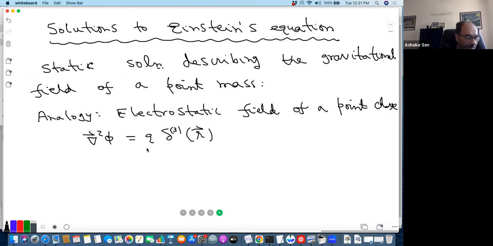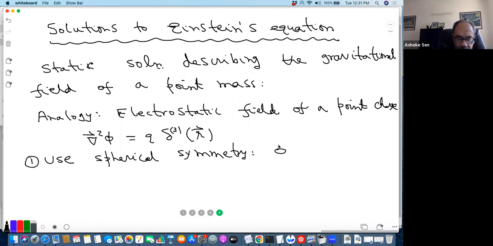This is the first thing we do in electrostatics. First, we use symmetry. Use spherical symmetry, so that phi is really a function of r. It doesn't really depend on the other coordinates.